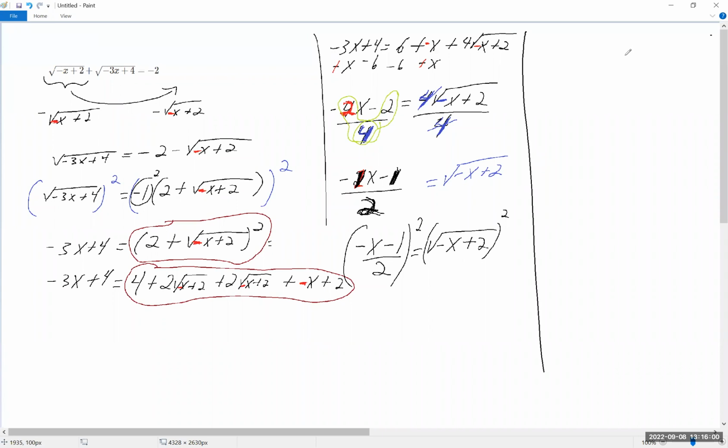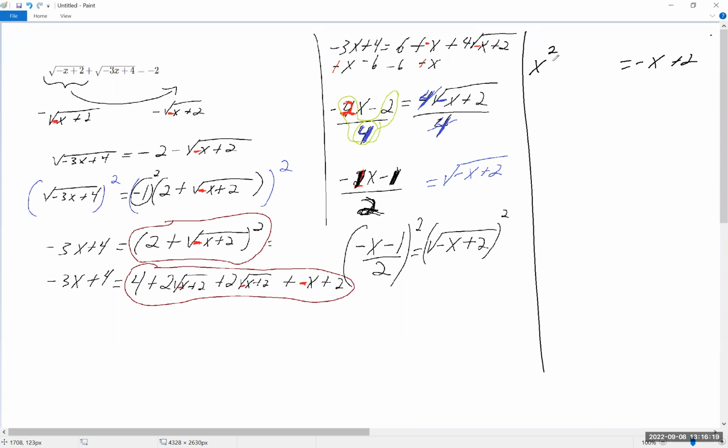So on the right side, I'm left with negative x plus 2. And on the left side, I've got x squared.